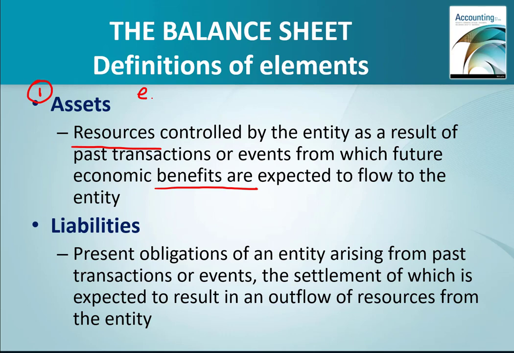So the example of assets is cash. If you have cash in your pocket right now, you can use the cash to buy books, to pay for your food or your bill, for example. So cash is a resource controlled by you and is going to give you future economic benefit.